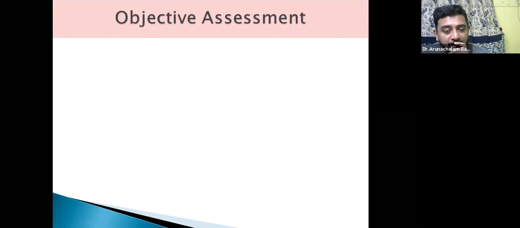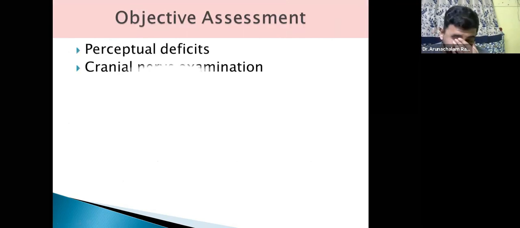Next, what you have to assess, very importantly, is the perceptual deficits. If the patient is having apraxias, agnosias, aphasias, or any perceptual disorders, they can help localize the condition. For example, if the patient has Broca's aphasia, the patient is able to comprehend better but will not be able to express his ideas.